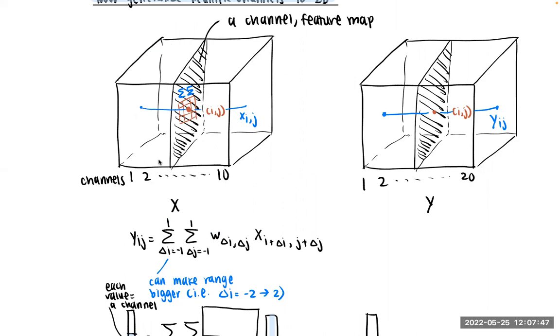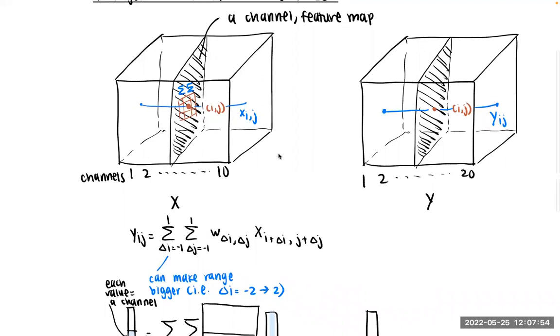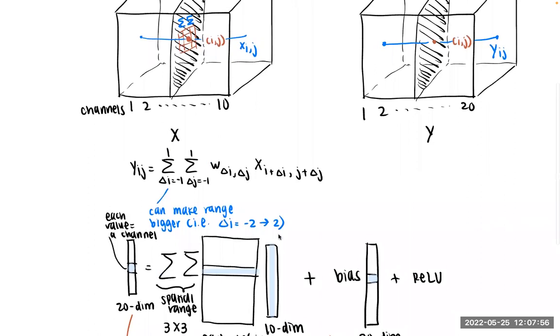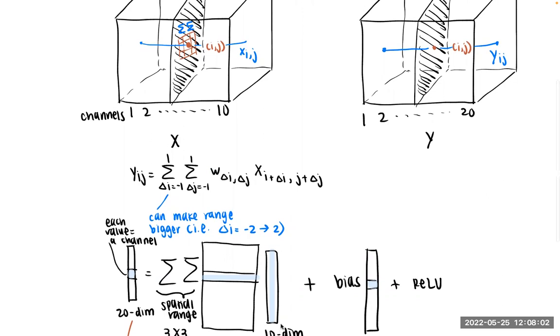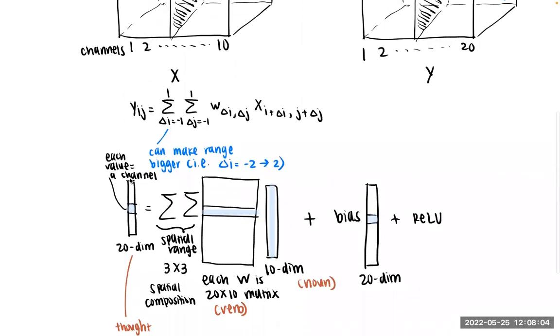And then for another channel, you also have 9 values. You linearly sum them over, and then you add up all the 10 channels. Okay, you can also think in this way. So there are many different ways of parsing this vector matrix notation.